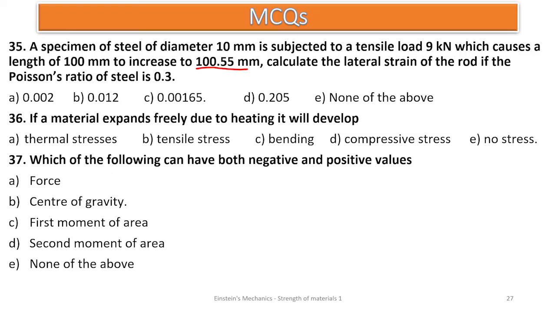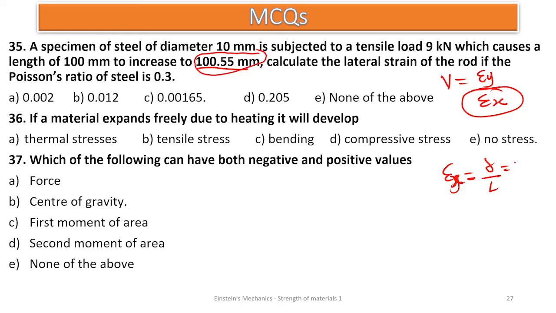Now we know that Poisson's ratio V is the lateral strain to the axial strain, right? So from the problem, we are going to get the axial strain, that's the axial on X, equal to change in length over original length, and the increase was 0.55 to the original length 100, right?